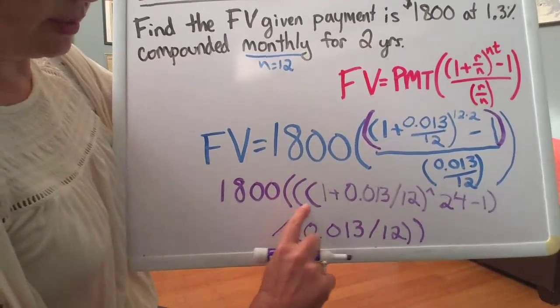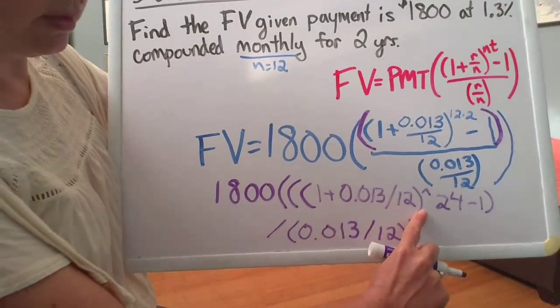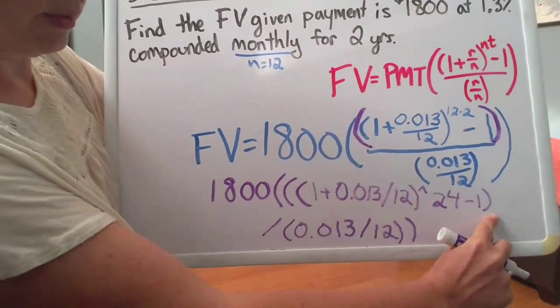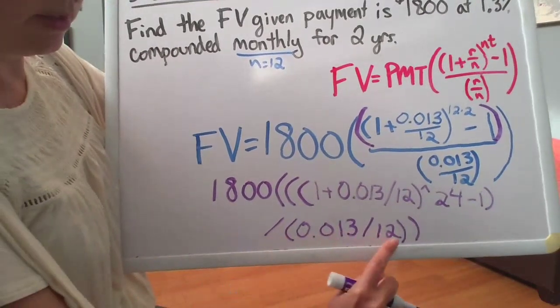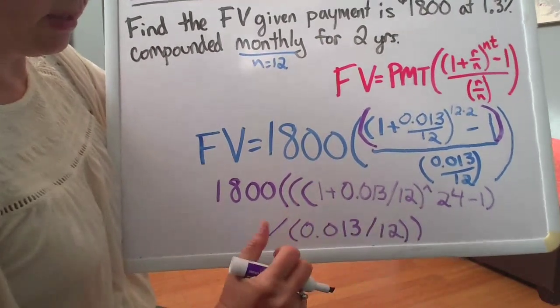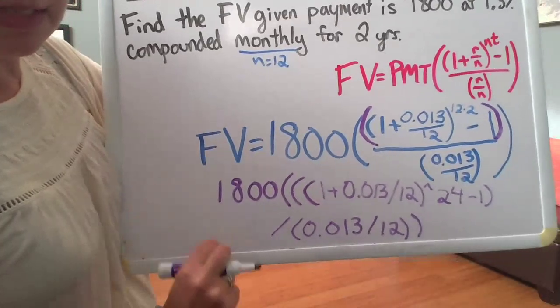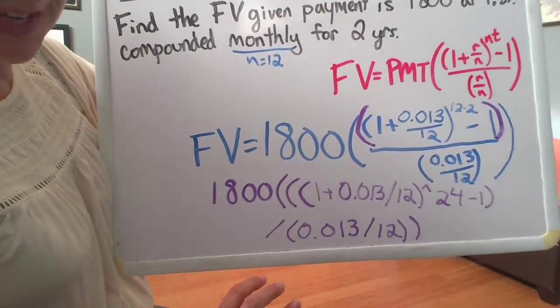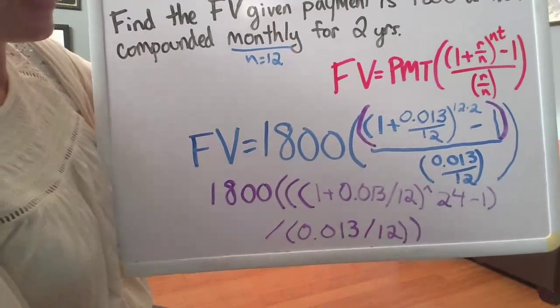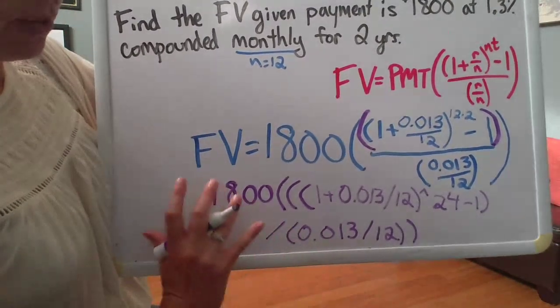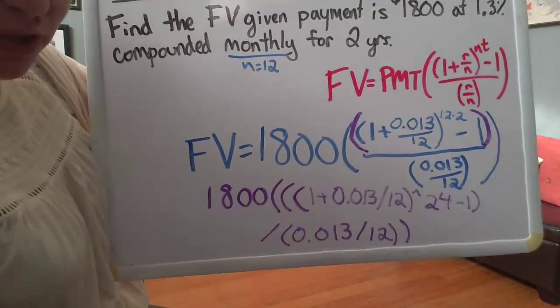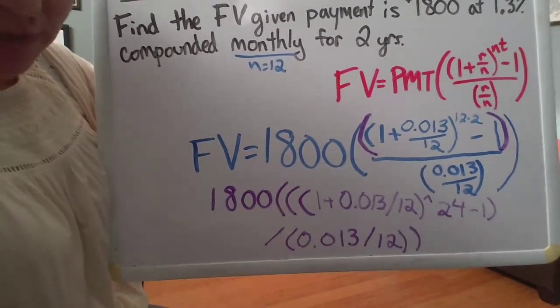So you can see I opened 1, 2, 3. This one closes. The middle one closes. Divided by, open, close, and then our outside. So the key for typing this in to any type of calculator is the parentheses and order of operations. So just be careful with all this, and then you should get those correct answers that you need for MathLab.